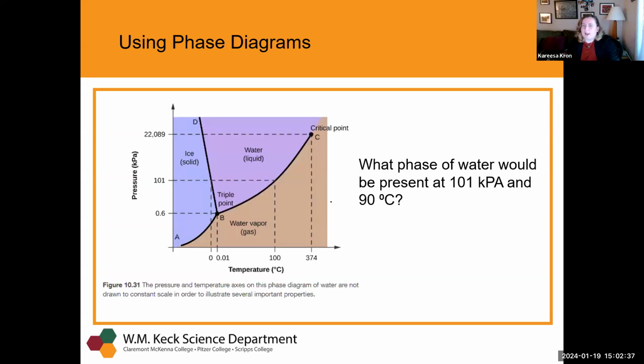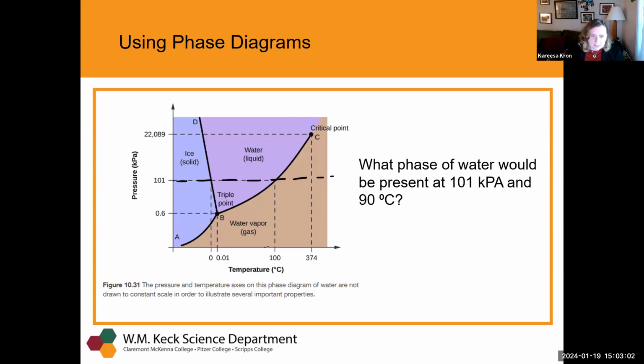And so how do we actually use these phase diagrams and use the information that we have? So one of the questions we might face when we're looking at this plot is, what phase of water would be present at 101 kilopascals and 90 degrees C? So 101 kilopascals on this plot here is this line.